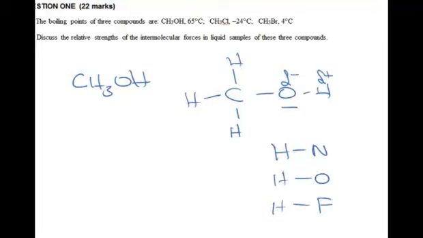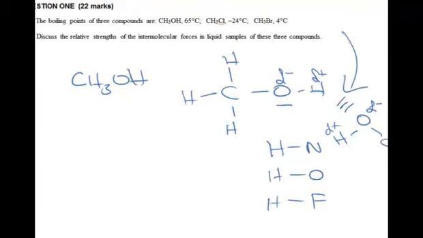And this itself isn't a bond, but the attraction that this would have for another molecule, so if we had delta negative there, delta positive, and we had the rest of a methanol on this side here, this would be the hydrogen bond here.